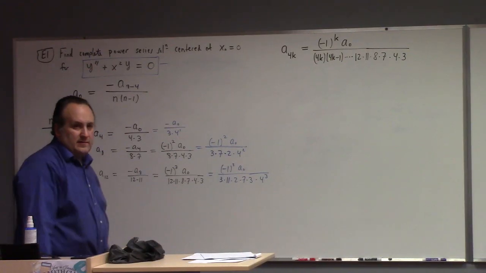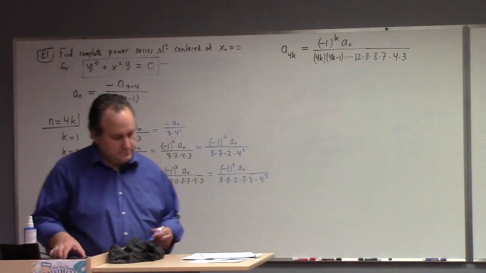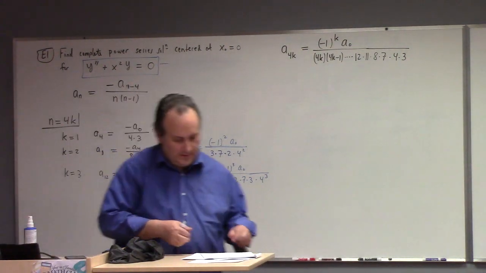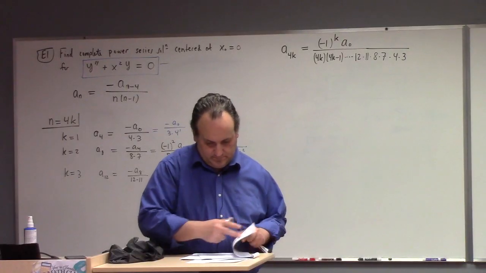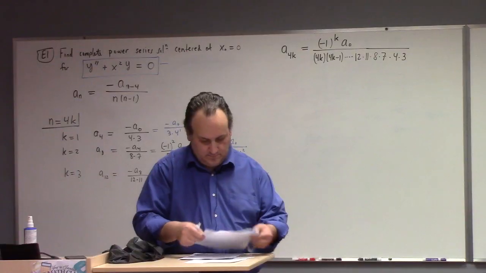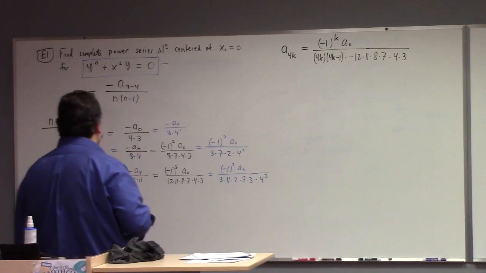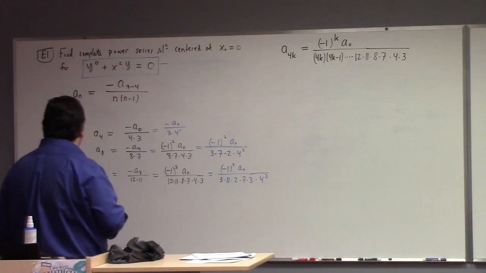I don't know. Question. Isn't it supposed to be, if we're doing -1 to the k power, wouldn't in the case of k equals 2 at the very beginning, it'd be positive plus a to the 4?